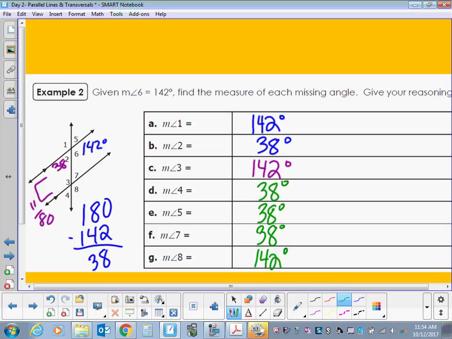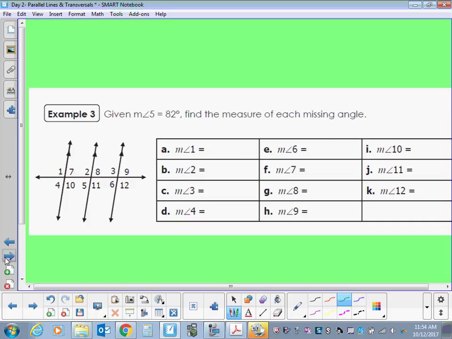All right, let's look at example 3. Given the angle measure 5 is 82 degrees, find the measure of each missing one. I'm going to look at all my vertical angles first.